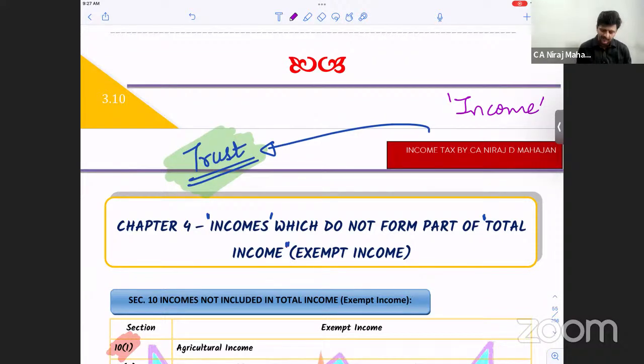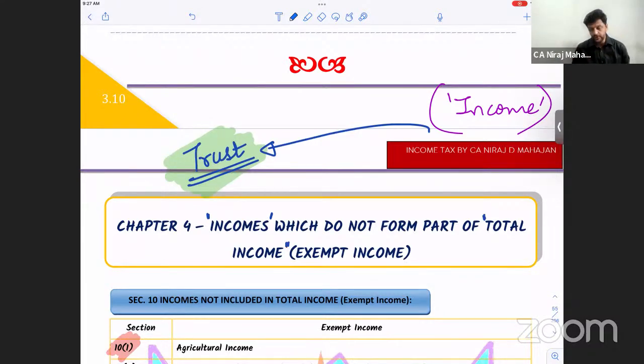Why, bacho? So it is income, but they are saying it is not a taxable income. It is an exempt income. So is this chapter good or bad for the department? In a way, it is bad for the department because it is snatching away the taxability of their income. Are you getting the point? So they are obviously frowning, disappointed with this chapter. Good for the assessee, bad for the department in very simple language.